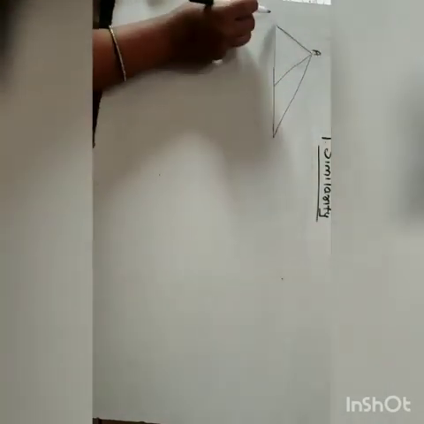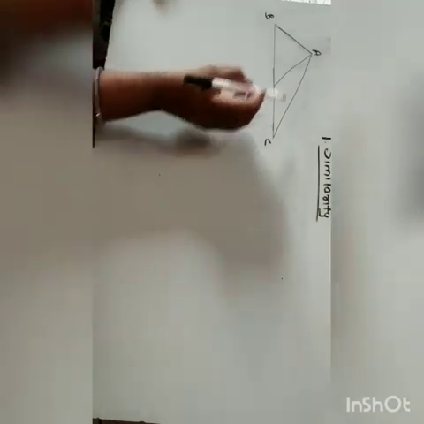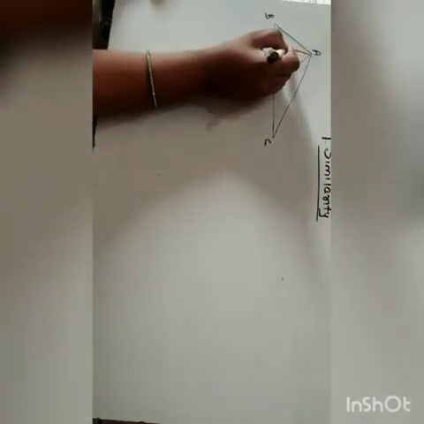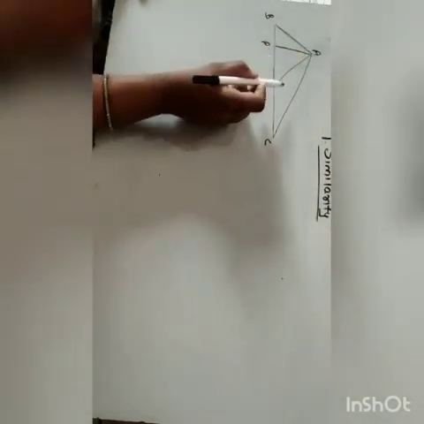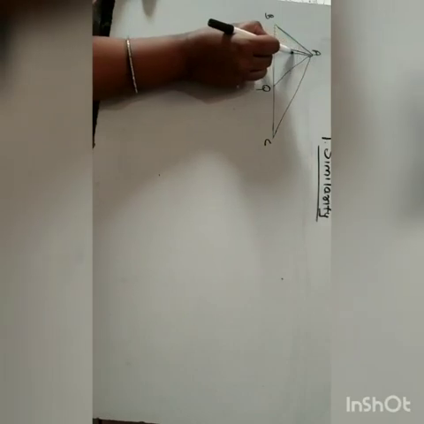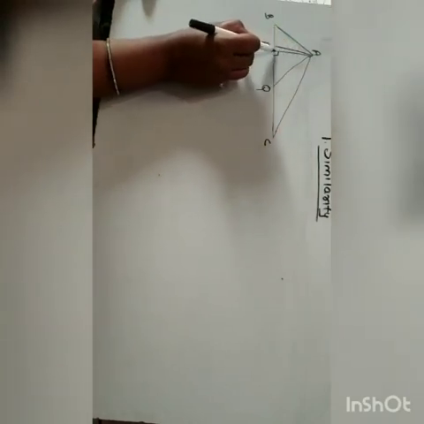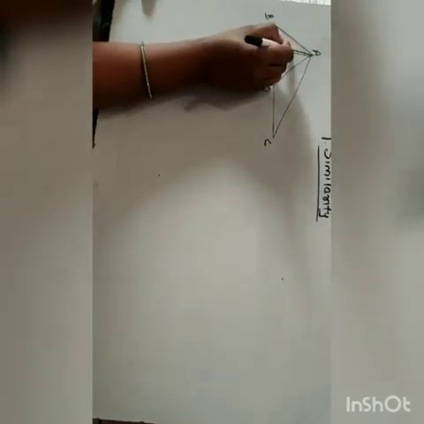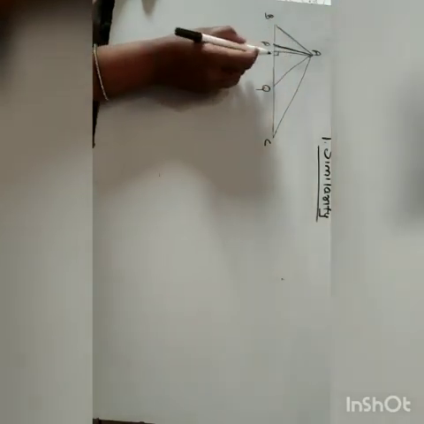This is triangle ABC, and one more triangle they drew here, that is PAQ. Now we will draw the height for this triangle, the perpendicular distance from the vertex to the opposite side of a triangle.